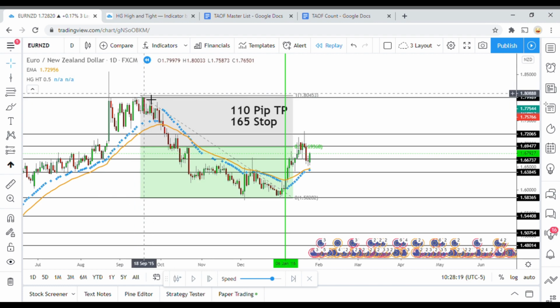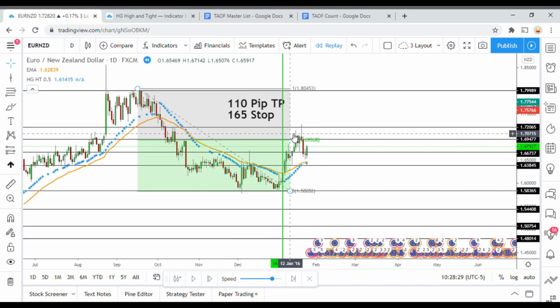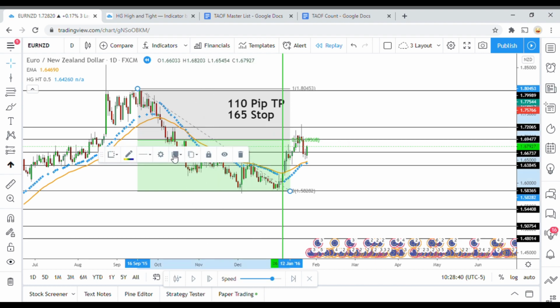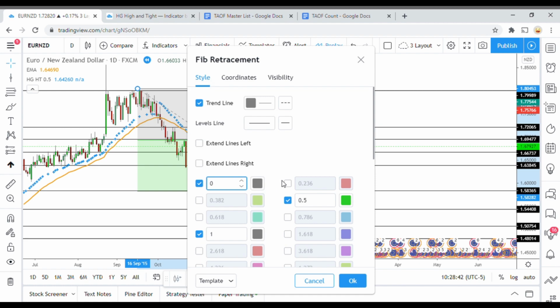You can see that I drew it from the top of this move, basically when price reversed, all the way down to where the bottom of this next reversal point took place. And we're looking for price action to come up to the 50% retracement level. Of course, you can add multiple Fibonacci levels to the retracement.